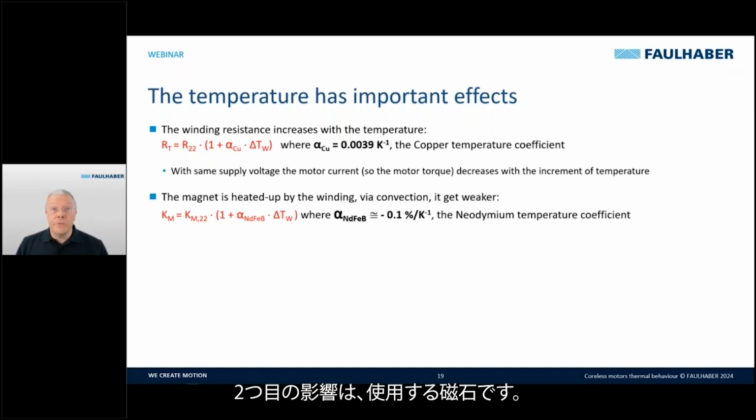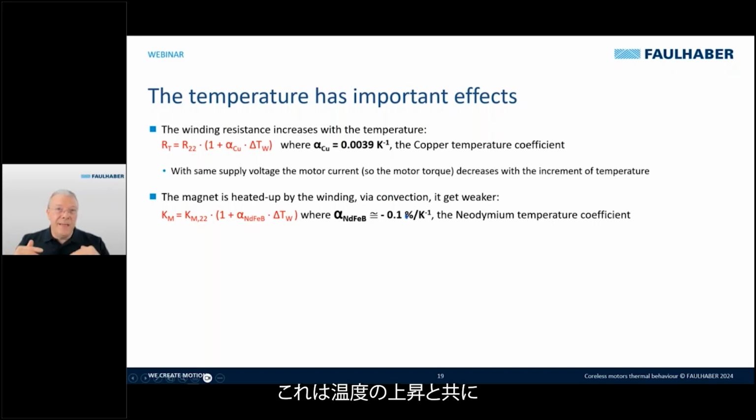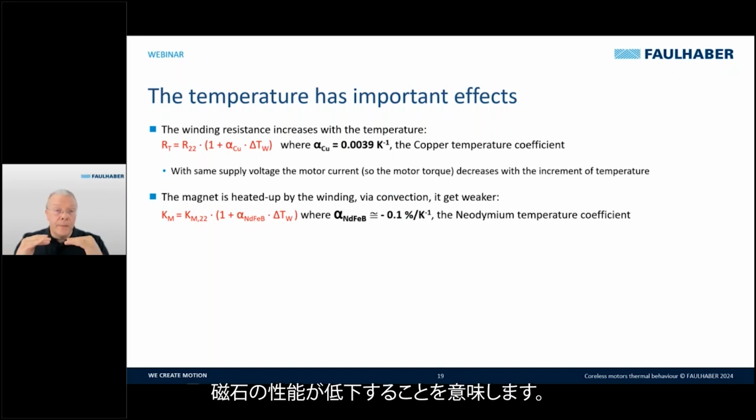The second effect is on the magnet. We use neodymium. Neodymium is a very, very strong material for magnets, but we have some temperature coefficient, around minus 0.1, and this means that with the increment of temperature, the performance of the magnet is reduced.